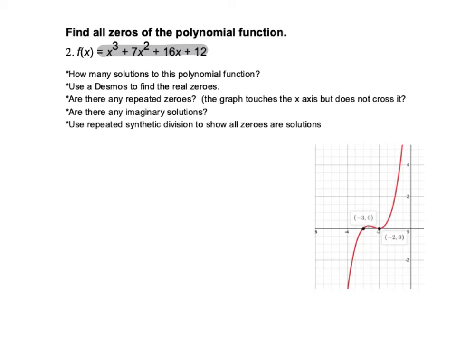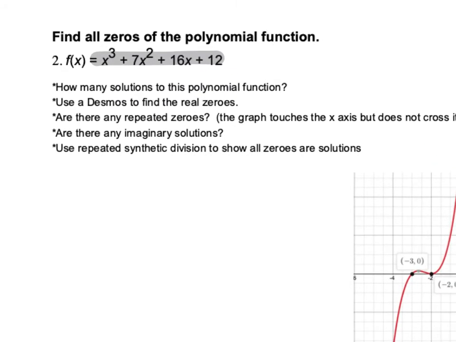Okay, but what we're going to do on this first problem only is just show you that these places where it crosses and touches the x-axis are the 3 places that are the solutions to the function, okay? So we know, based on our fundamental theorem of algebra, that there are 3 solutions, okay?